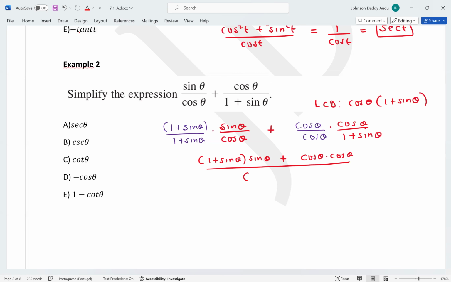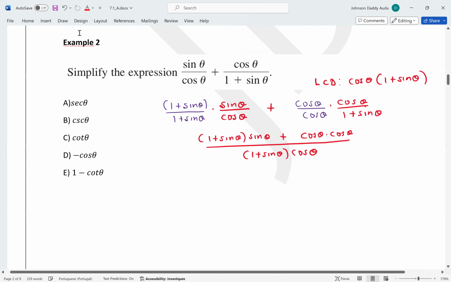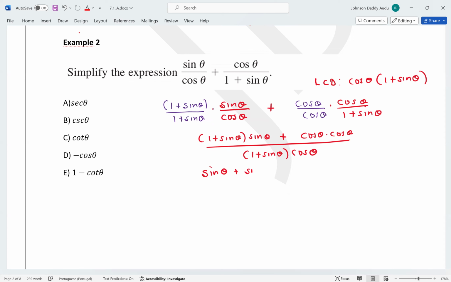Everything now has the same denominator, 1 plus sine theta times cosine theta. Okay, so if we expand, this will just become sine theta plus sine squared theta plus cos squared theta over 1 plus sine theta and cosine theta.